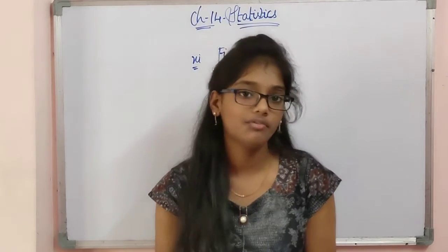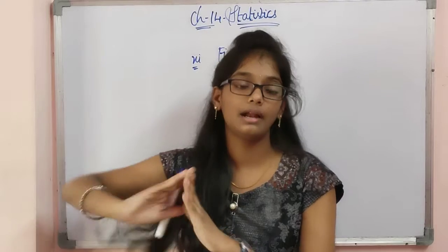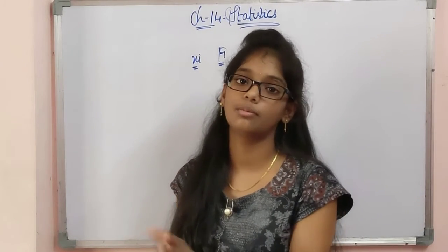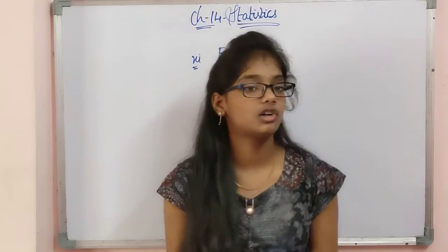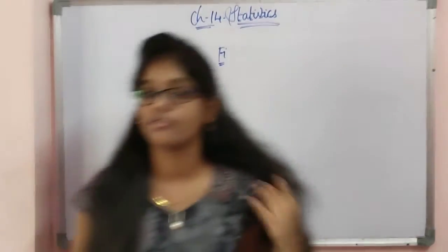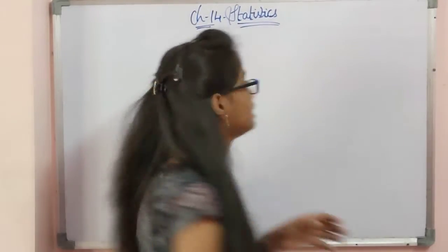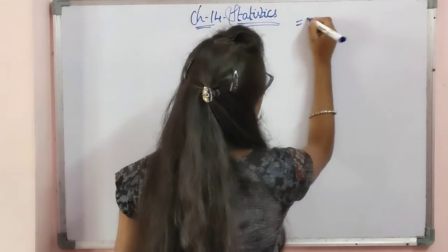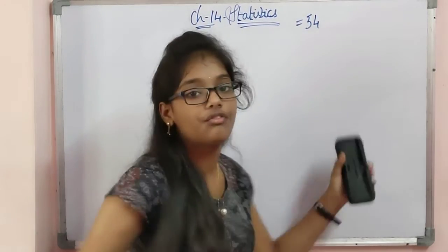When they give an unknown factor, they surely give a particular numerical value, like the sum of frequencies equals so and so number. In the question we are dealing with, they gave that the sum of the frequencies is 54.